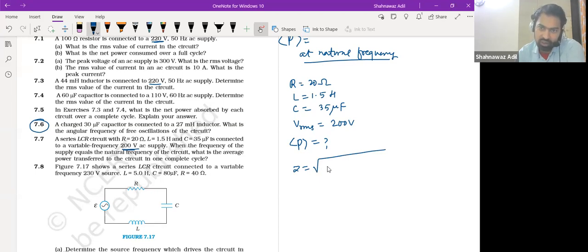So Z is the square root of (XC minus XL) squared plus R squared, right? Okay, so how did you calculate this XC and XL, Aisha?